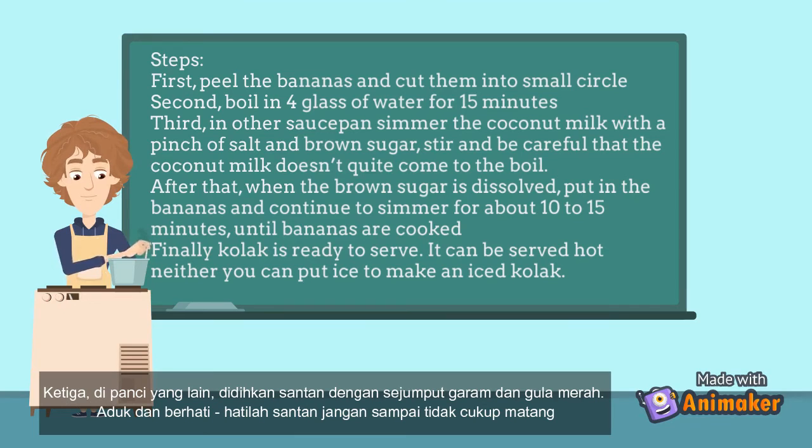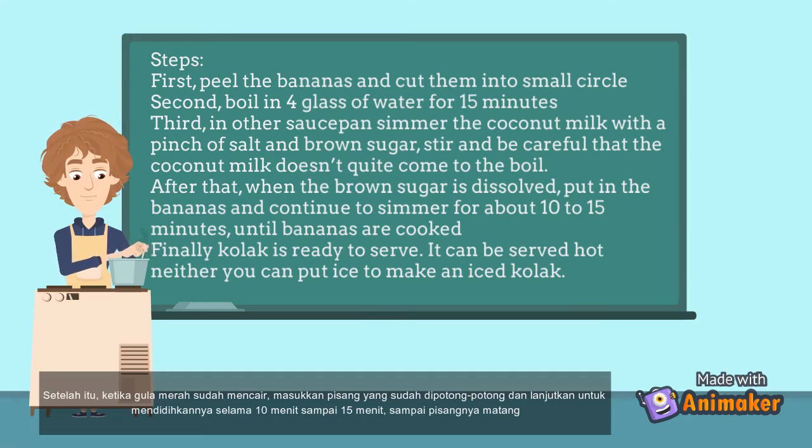Third, in another saucepan simmer the coconut milk with a pinch of salt and brown sugar. Stir and be careful that the coconut milk doesn't quite come to the boil. After that, when the brown sugar is dissolved, put in the bananas and continue to simmer for about 10 to 15 minutes until bananas are cooked.